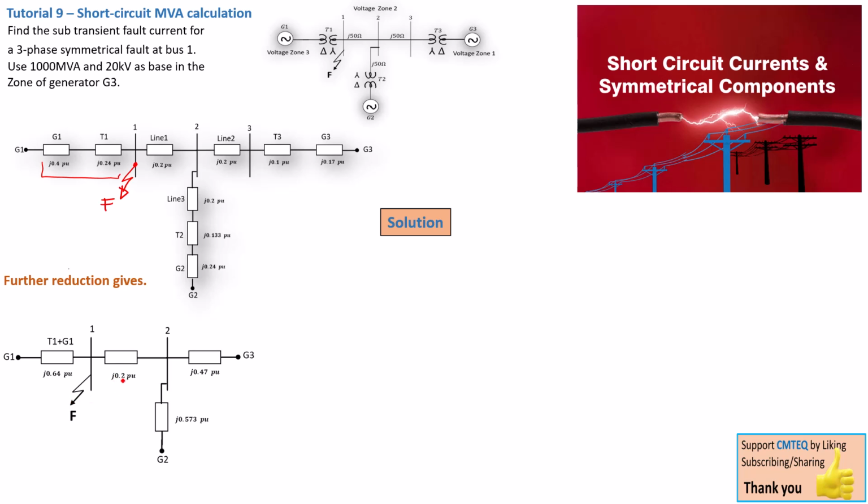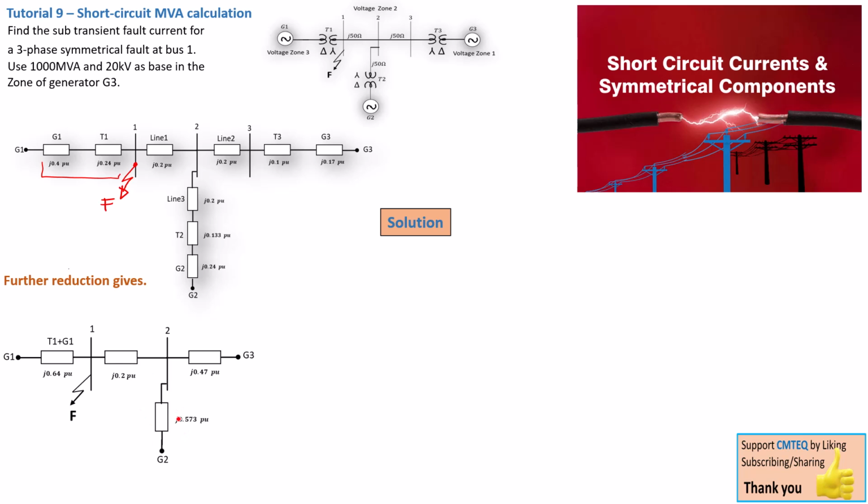Then we've got 0.2 per unit of line 1 that is still there, and the per unit on T3, G3 and line 2 combined give us 0.47 j per unit, and the per unit impedance on the generator 2 side and transformer 2 side give us a combination of 0.573 j per unit.